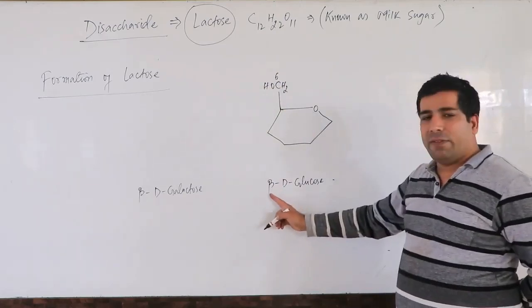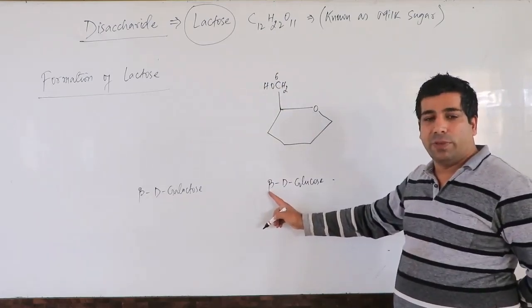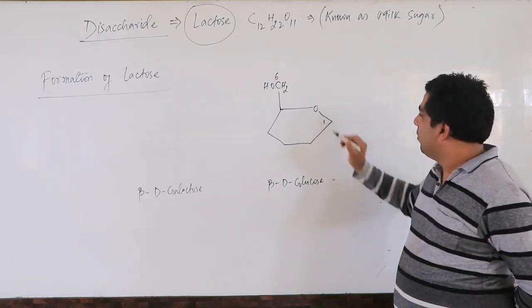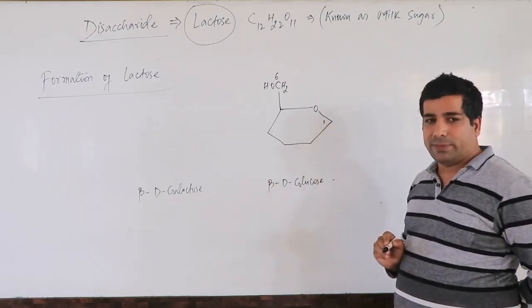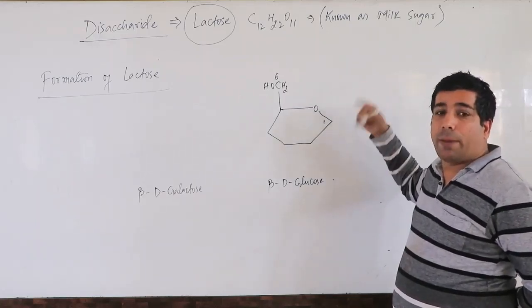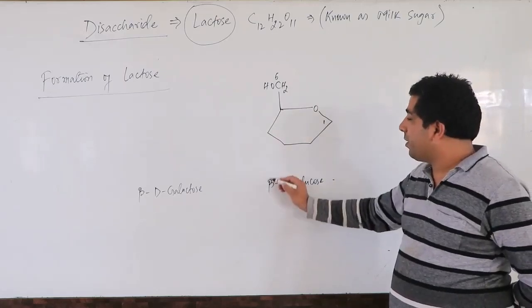Which form is this? Alpha form or beta form? It's a beta form. So in beta form, the OH group on which carbon? First carbon is the anomeric carbon. Correct? Should it be down or up? It should be up, the OH group, because it's a beta form.